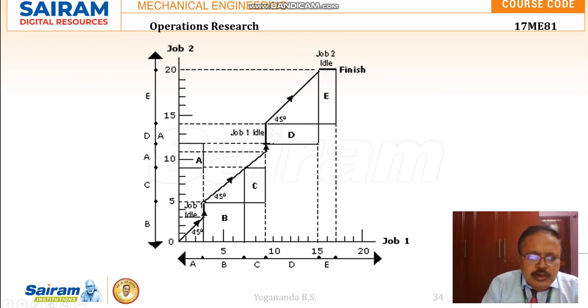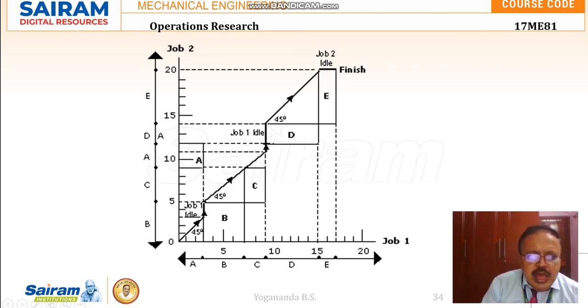Now the origin is here. That means the beginning of the project is at 0, 0. The last vertical line is here and the last horizontal line here. Both are intersecting at this finishing point. So I have to start my journey right from the beginning 0 here and I have to reach this finishing point.